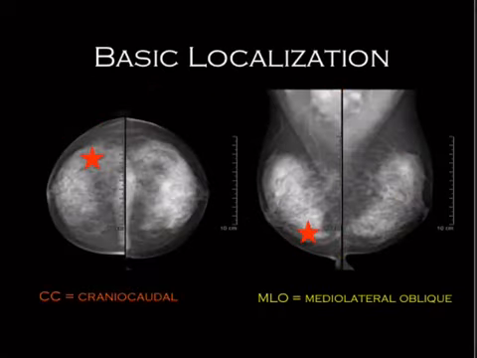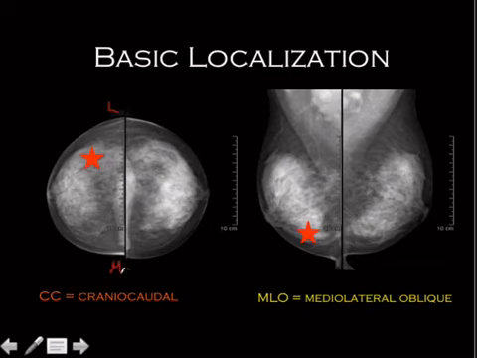So let's do a basic localization where we see a mass that's in two views. This is going to be the lateral part of the breast out here on the CC view, and this is going to be the medial part here. Superior, inferior, just to orient you if you're not familiar with these things.